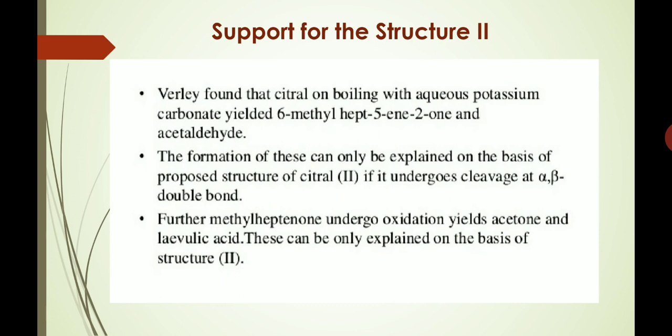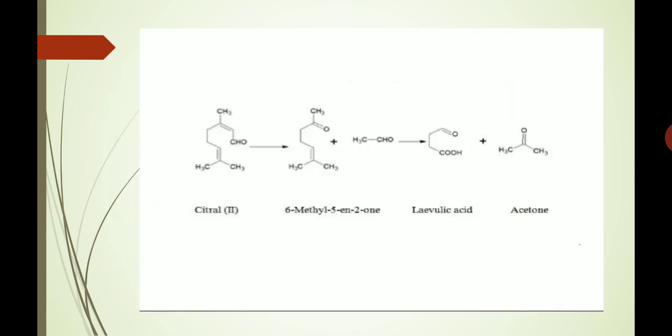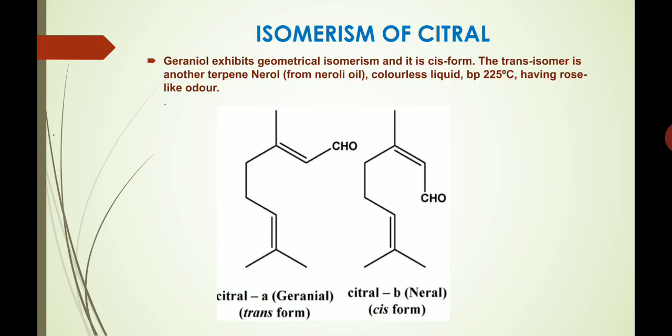Further, methylheptenone undergoes oxidation and yields acetone and levulinic acid. These can only be explained if we assume the structure second for citral. Here we can see this sequence of reactions, and this structure of citral explains the formation of methylheptenone, levulinic acid and acetone. Now we will come to the isomerism in citral.